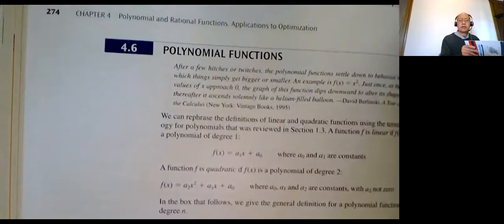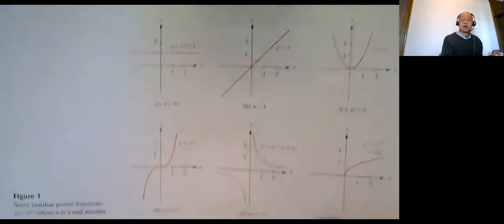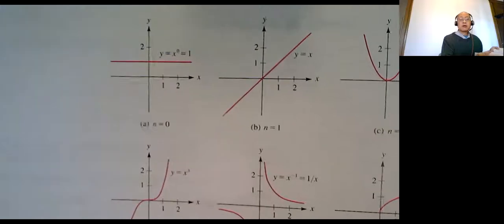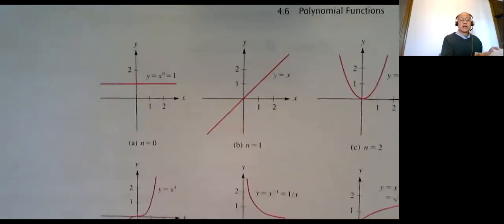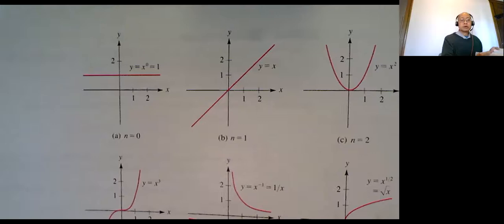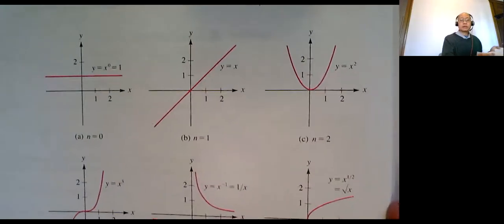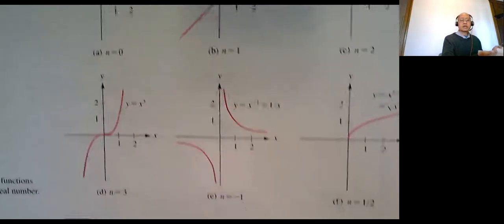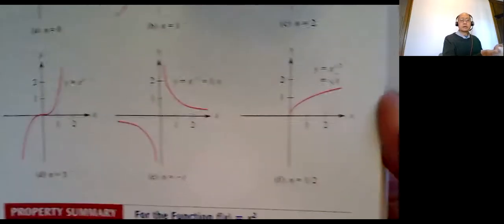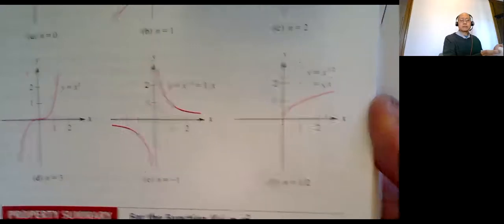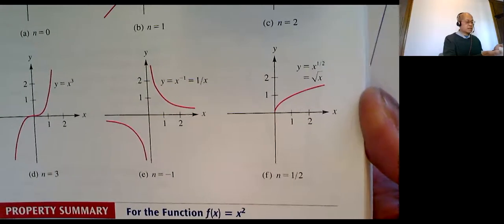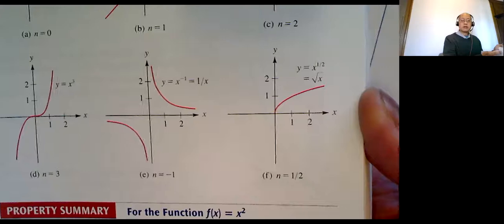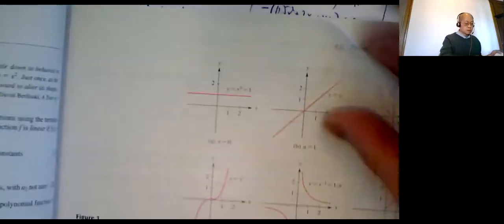Okay. Now, you should already be somewhat familiar with the basic functions on page 275. Okay, they've got y equals 1, horizontal line, y equals x, straight line, y equals x squared, x cubed, 1 over x, square root of x, right?